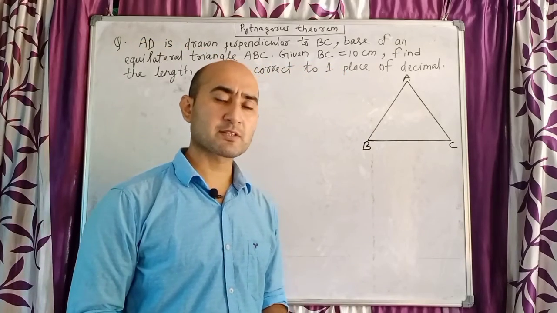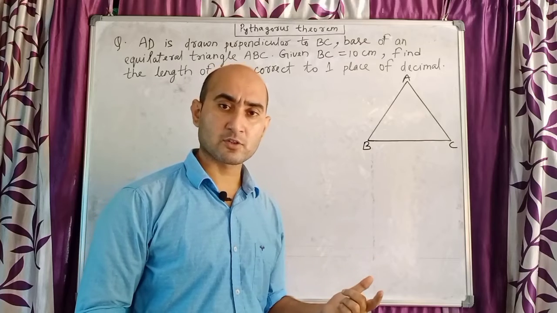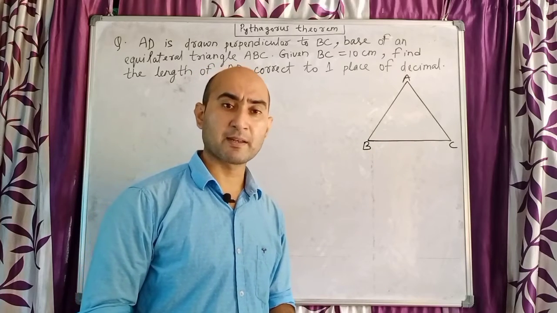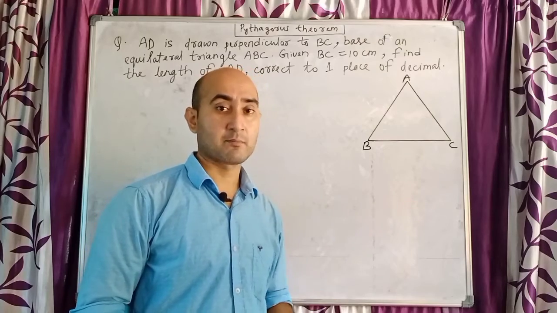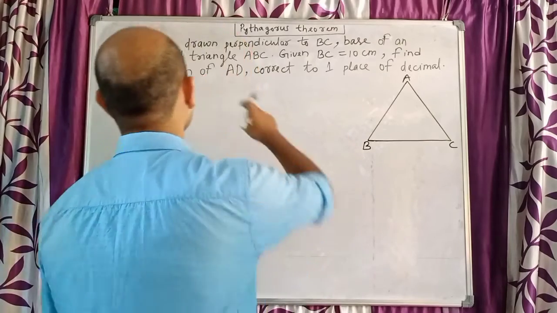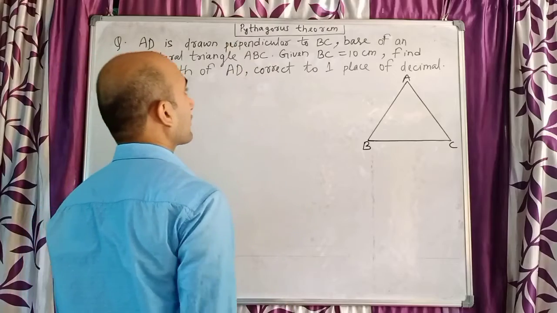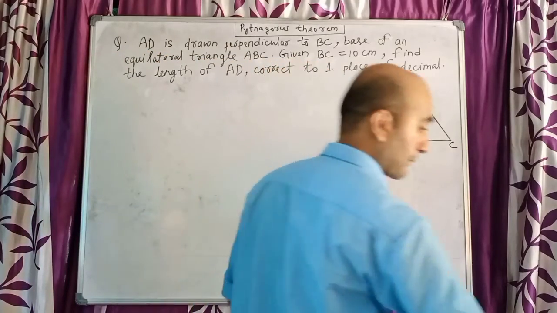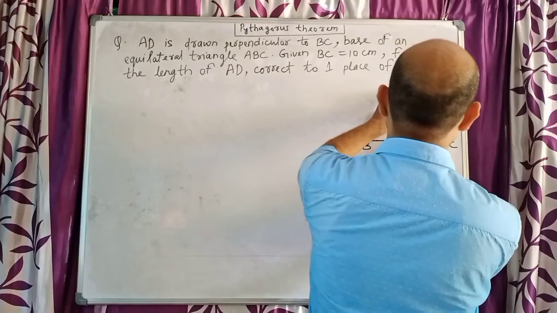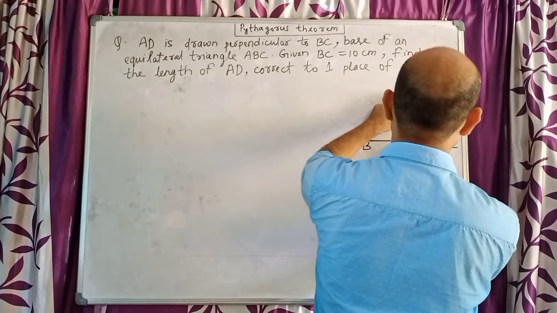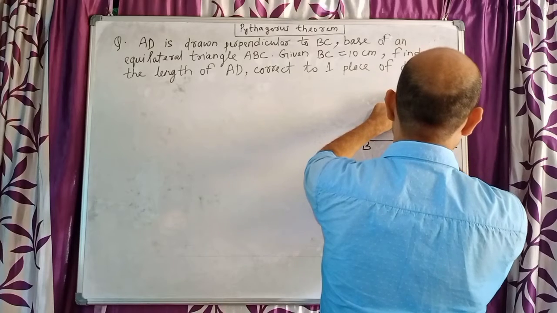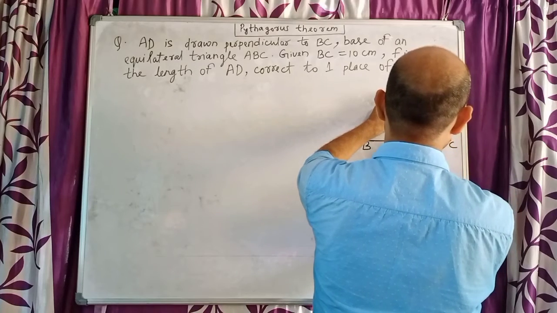Now children, you might be saying it is a Pythagoras theorem, an equilateral triangle doesn't have 90 degrees, so how is it applicable to this triangle? But here they are saying that AD is perpendicular drawn to BC. So on this BC from A a perpendicular has been drawn. Now the meaning of perpendicular is, a straight line, when it falls on any line, it makes 90 degrees on both the sides.